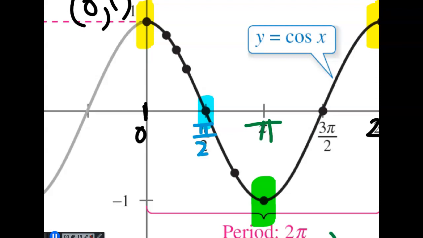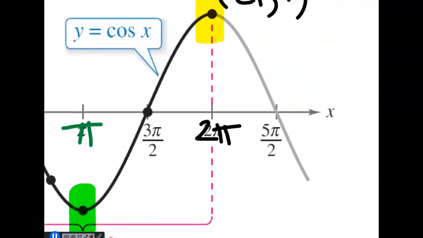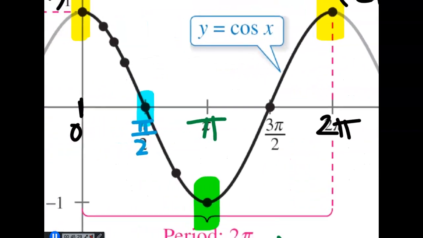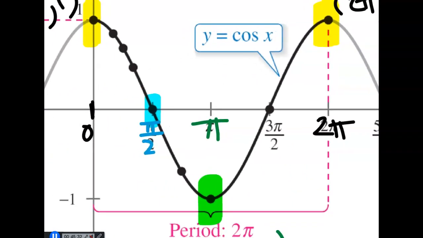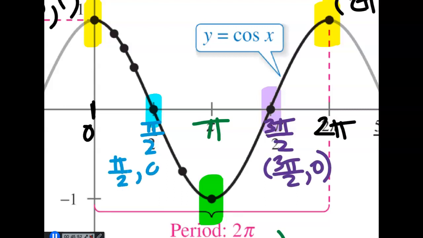Then our fifth key point occurs right here between pi and 2 pi, at 3 pi over 2. So let me write the coordinates: 3 pi over 2, 0 because it's an x-intercept, and pi over 2, 0 because it's also an x-intercept.